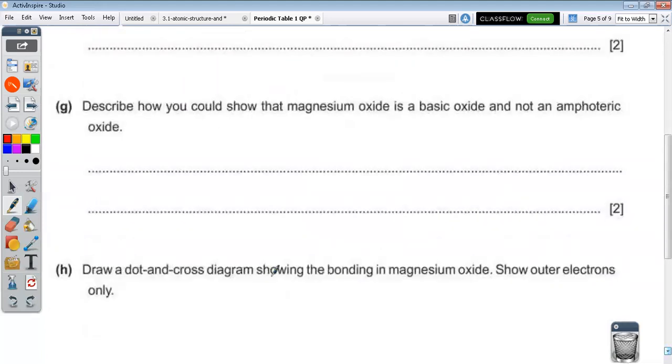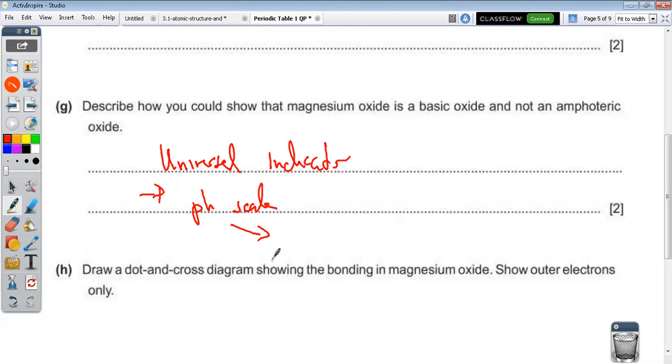Describe what could show. So what do you show? You use a universal indicator to check whether something is acidic, or you use a pH scale, or red litmus paper, or blue litmus paper.